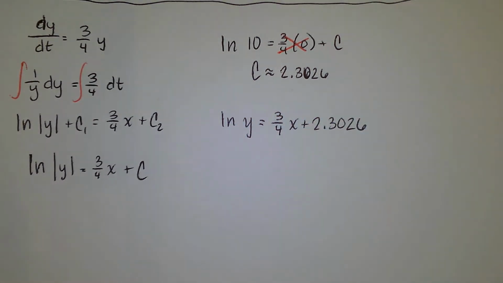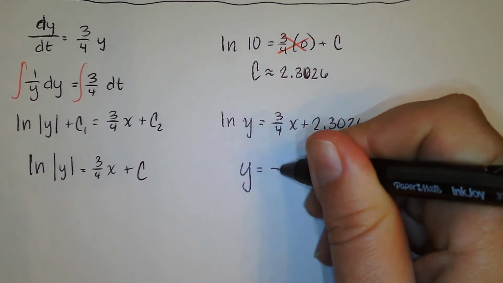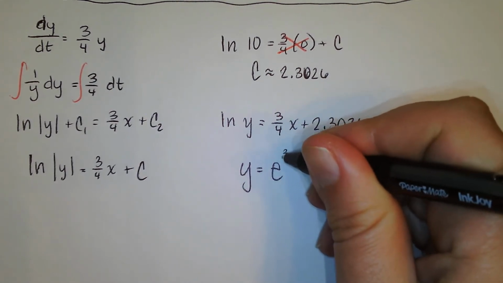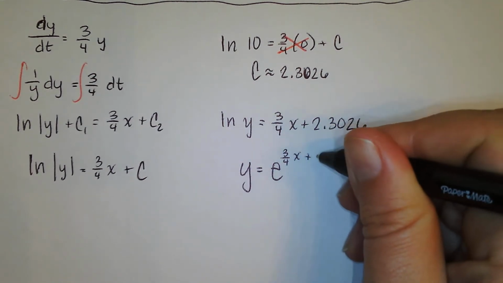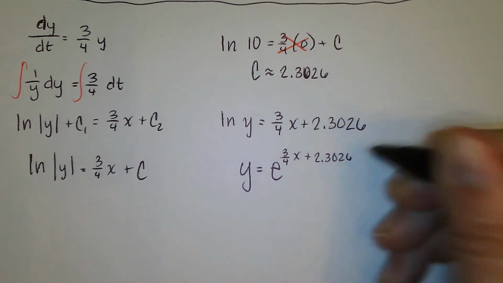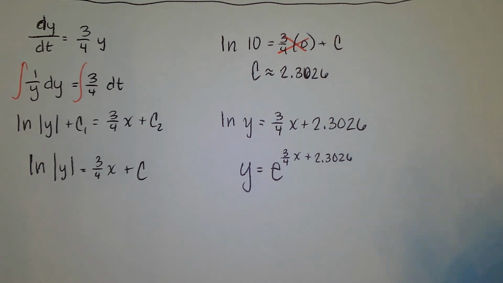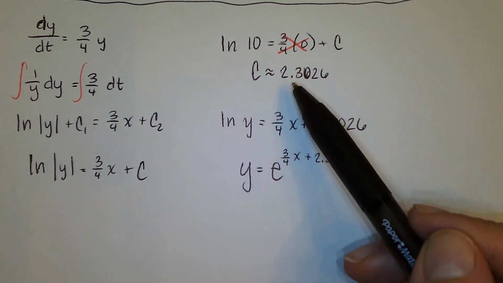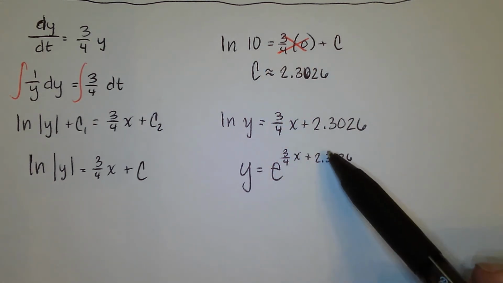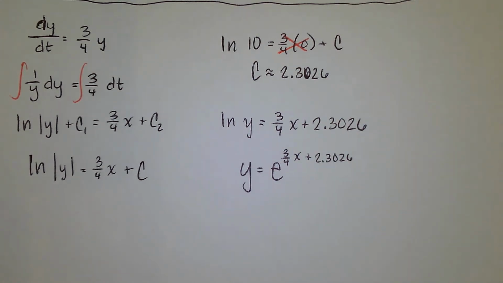So I would just solve for y, and that's going to give me y equals e to the 3/4 t plus 2.3026. Now we can write it like this, but actually e to the 2.3026, let's think about that. If ln of 10 was equal to that, then e to this should equal 10. So we could actually rewrite this using some of our properties we know. And once again, not necessary.